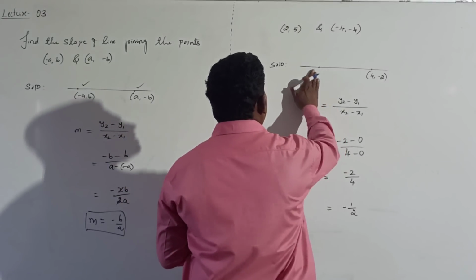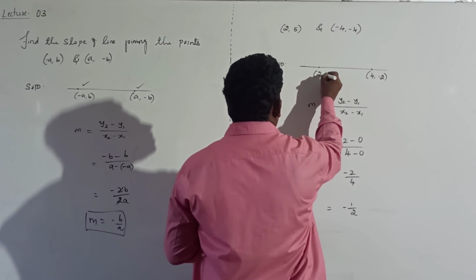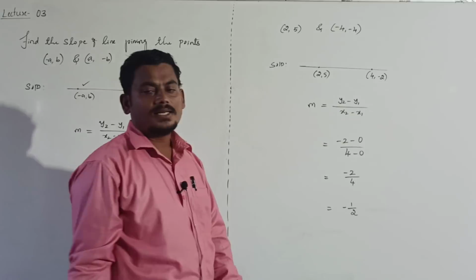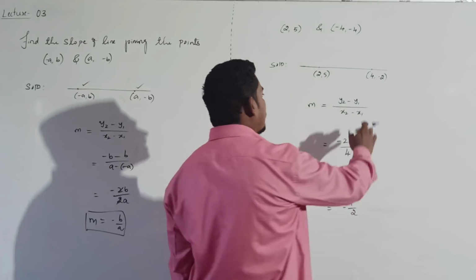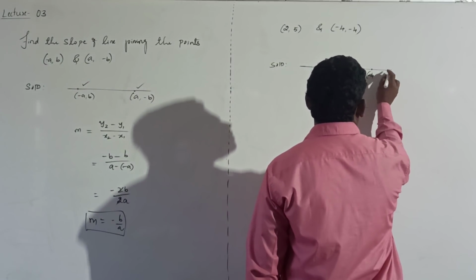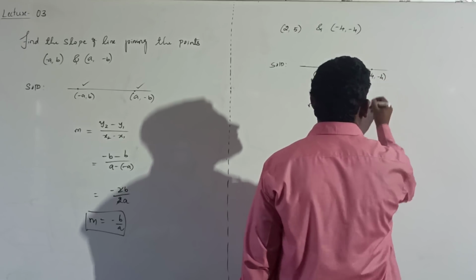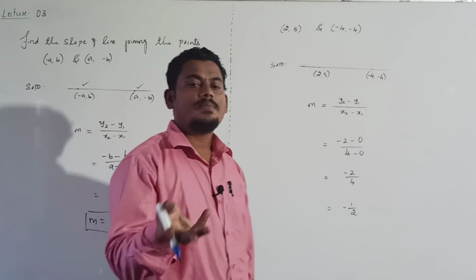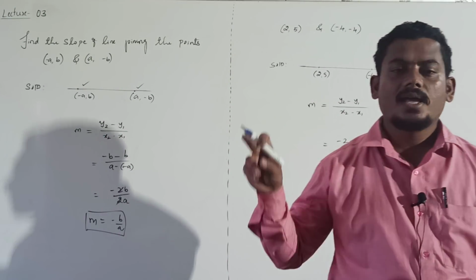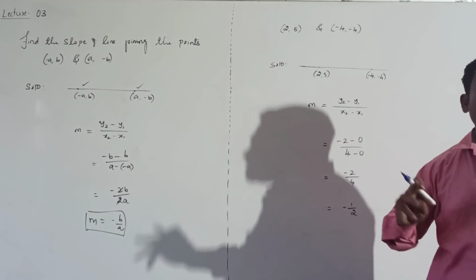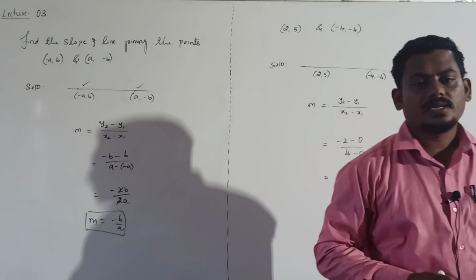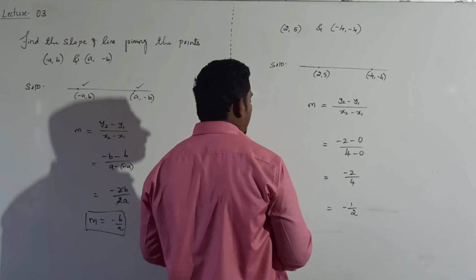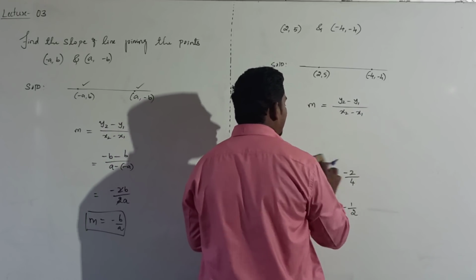Same procedure only. Take first point as 2 comma 5, it is first point x1 y1, and second point is minus 4 comma minus 4, it is second point x2 y2, and same formula, slope of a line passing through given 2 points formula, that is m equal to y2 minus y1 divided by x2 minus x1, right? Same formula, just replace all the values.